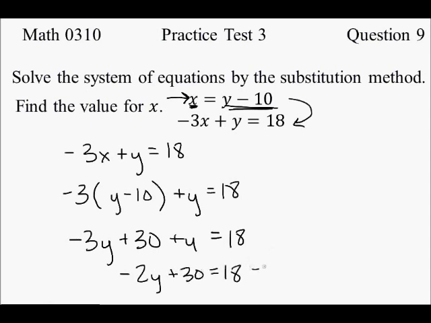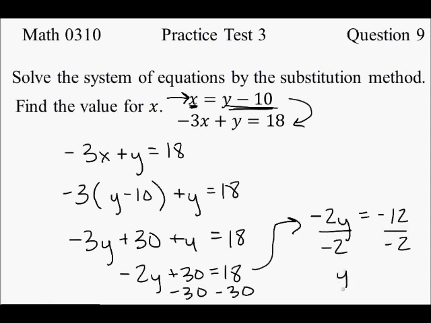If we subtract 30 from both sides, the plus 30 goes away. We're left with negative 2y on the left side, and 18 minus 30 on the other side. 18 minus 30 would be negative 12. And now to solve for y, we need to divide by negative 2.